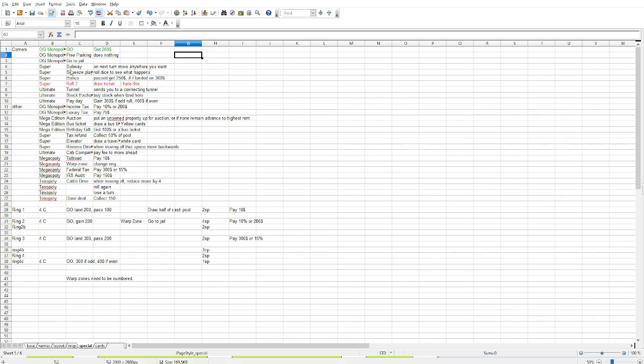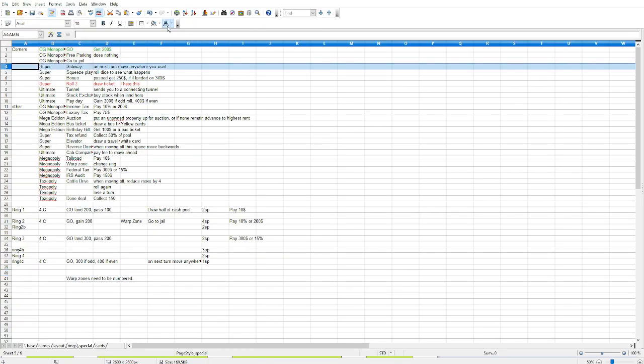Okay, the subway from Super Monopoly. Hmm. I will actually put that on the backside of Ring 4. And I don't actually want to have more than one of those on the board.